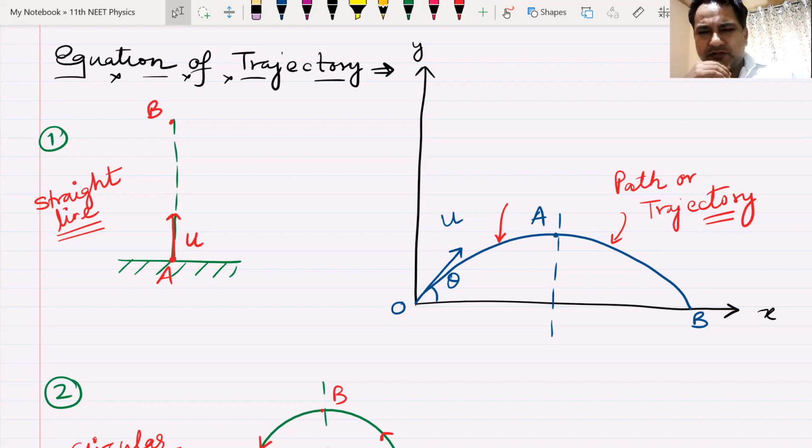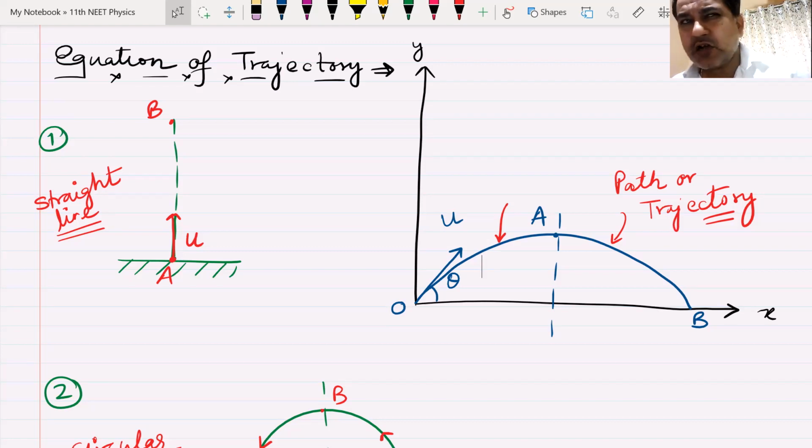Any idea what type of path this follows? Do you know of any other geometrical figure apart from straight line and circle? Obviously, this is not a triangular path. Obviously, it is not a rectangular path. It's not a polygon. It's not a hexagon. Apart from straight line and circle, do you know of any other terms?